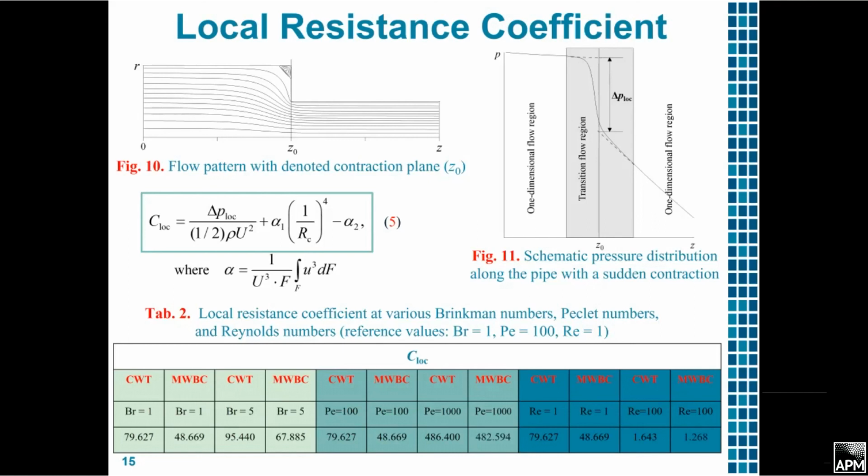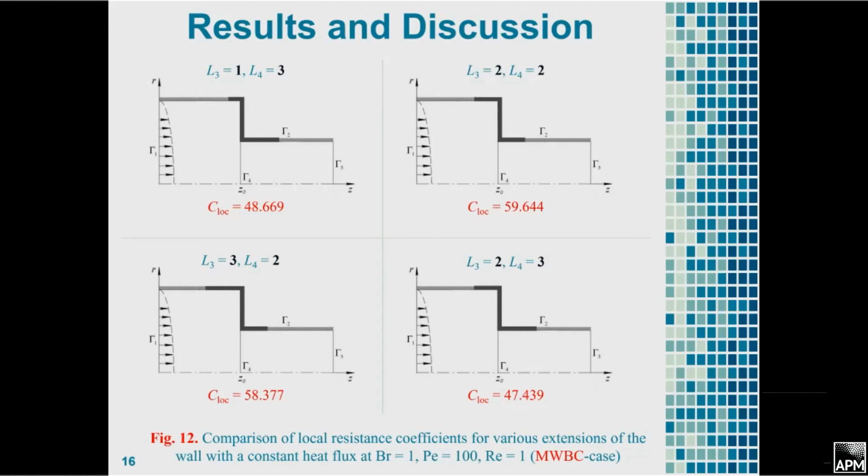But when we increase the parameters, this difference between these two cases becomes less. And the last thing to show is various combinations of the wall parts where the constant heat flux is specified. And what we can see is that the least value is attained when L3 is equal to 2 and L4 is equal to 3 in this case.